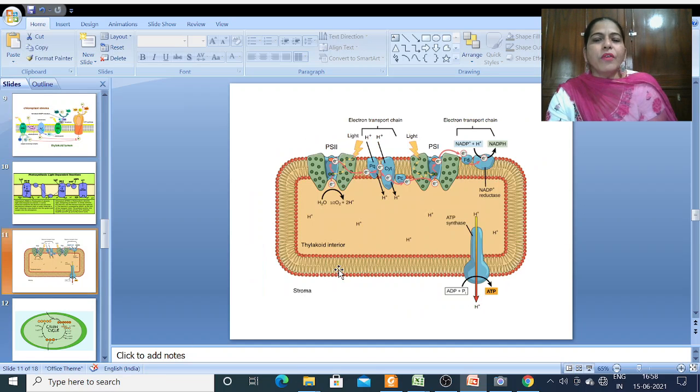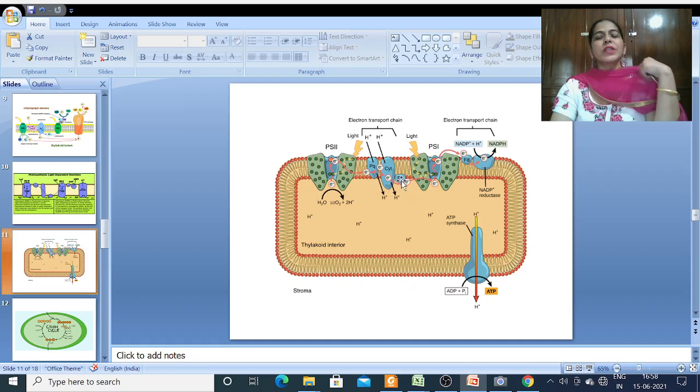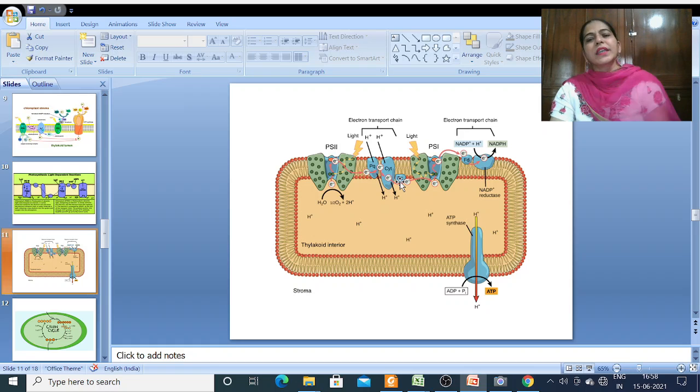So inside the thylakoid lumen, this is another depiction so that you can understand how all this is happening. So this is one thylakoid and this is the lumen, and outside we have the stroma of the chloroplast. So this is PS2, then hydrolysis of water is occurring, electrons are moving through plastoquinone, then cytochrome B6F, then plastocyanin, which is located inside the thylakoid lumen, then PS1, then ferredoxin and FNR and NADPH is formed, right?